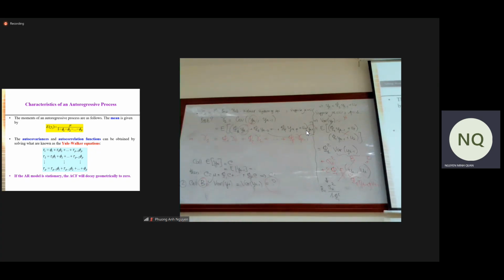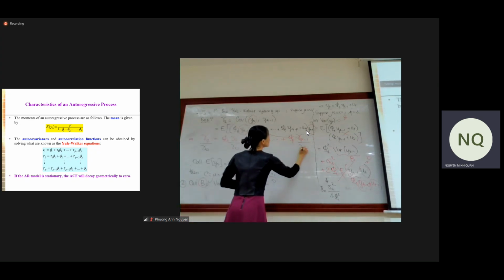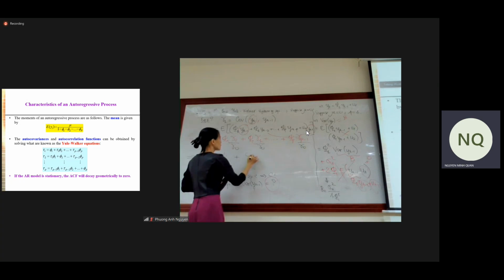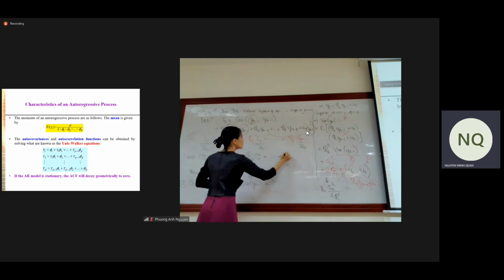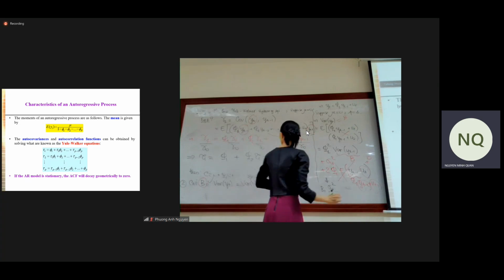Now only the tau is left: tau_1 equals phi_1 plus phi_2 tau_1 up to phi_p tau_{p-1}.